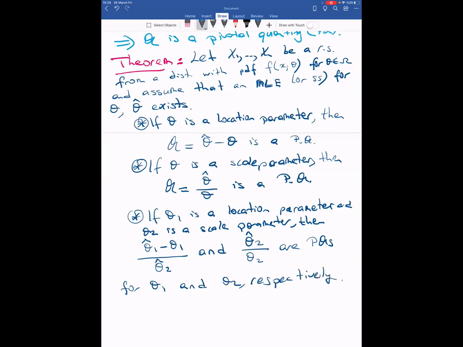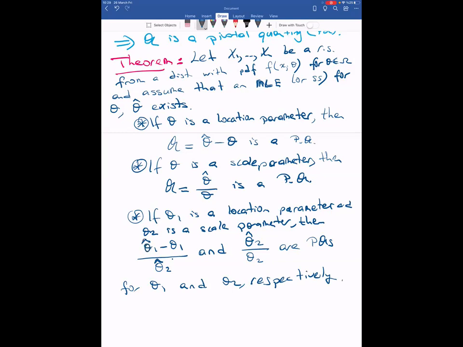Here theta 2 is a nuisance parameter for theta 1 in the first case, so we need to replace this with the estimator in the denominator. These two are MLEs or sufficient statistics, so you can use both.